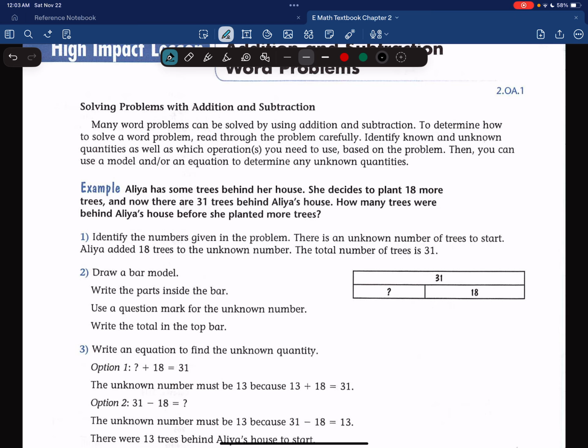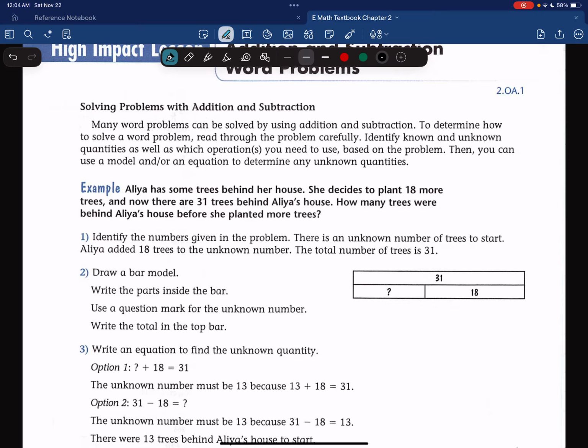Identify known and unknown quantities, as well as which operation or operations you need to use based on the problem. Let me just stop here. Operation is add, subtract, multiply, divide. Then you can use a model and or an equation to determine any unknown quantities.